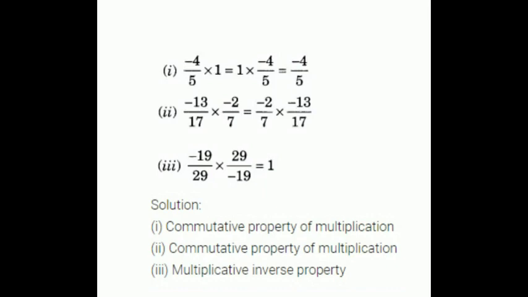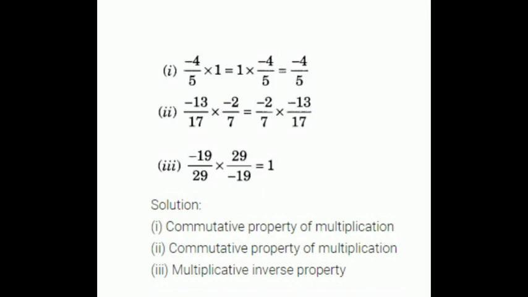Here you can see this is in the form of a into b equals b into a, and the result is minus 4 by 5. So the property used here is commutative property. Otherwise here also you can use the multiplicative identity property.